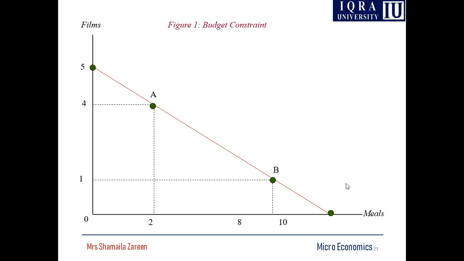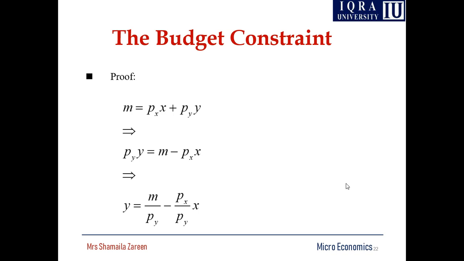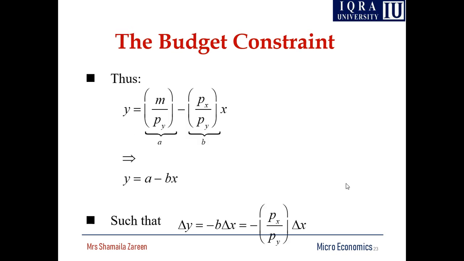It is useful to manipulate the equation for the budget line to obtain an alternative expression for the budget constraint in slope intercept form. If we multiply both sides of the budget line by 1 over py, we get this form.